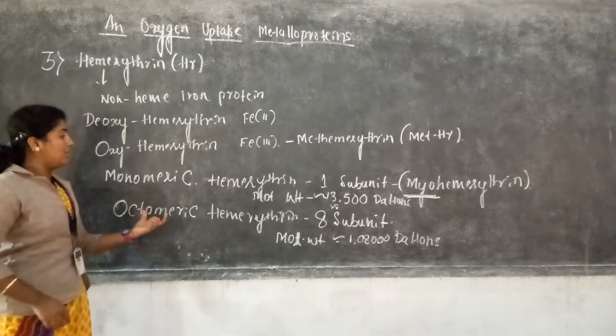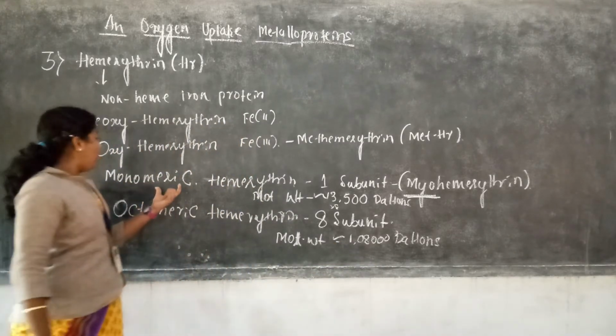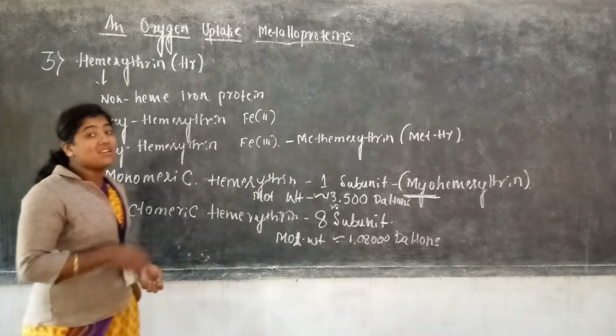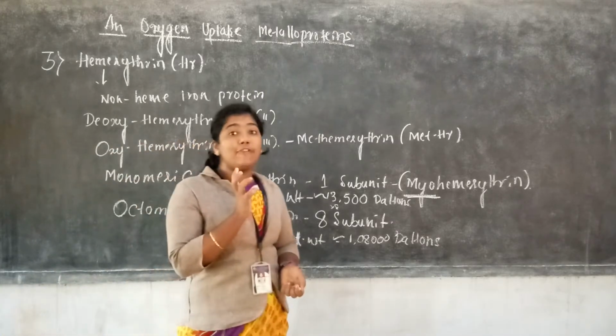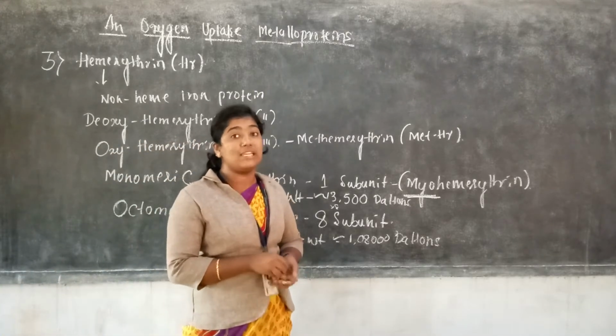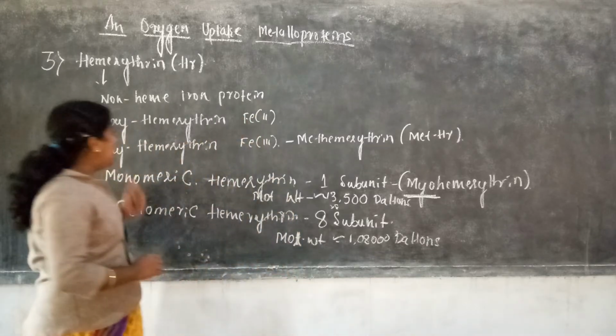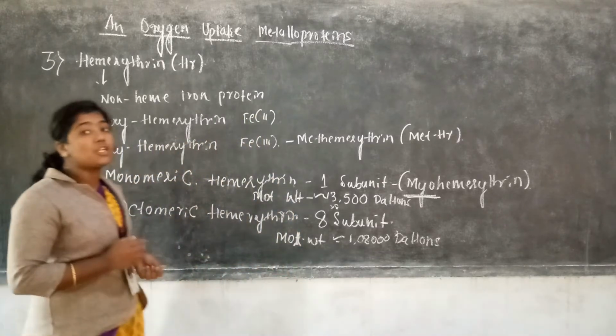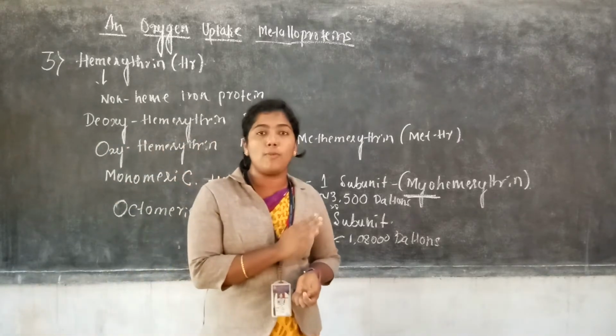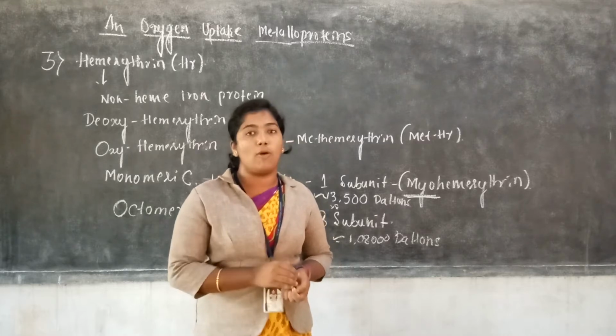In invertebrates, monomeric and octameric forms and some trimeric forms of hemerythrin are also found. Then let us discuss the structural features of the deoxy form and oxy form of hemerythrin.